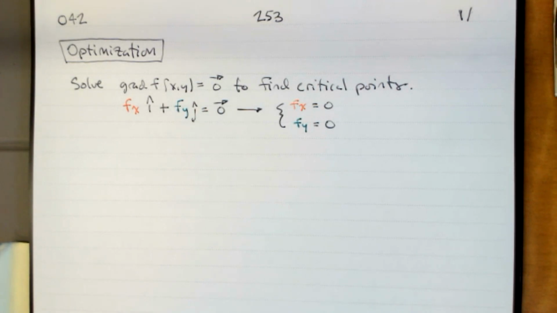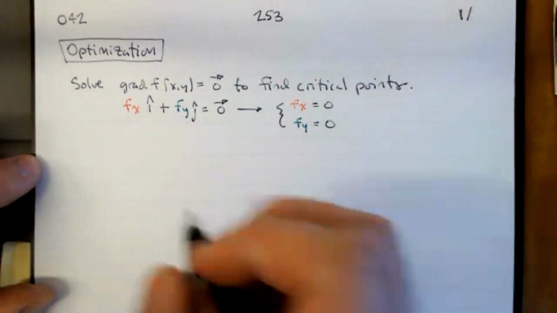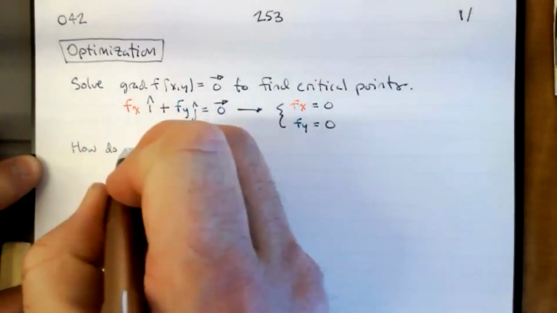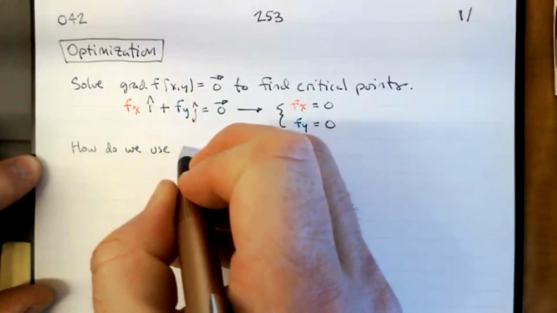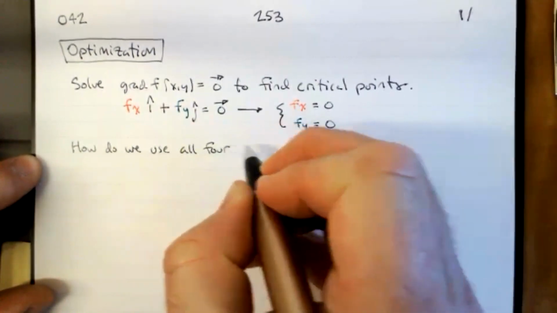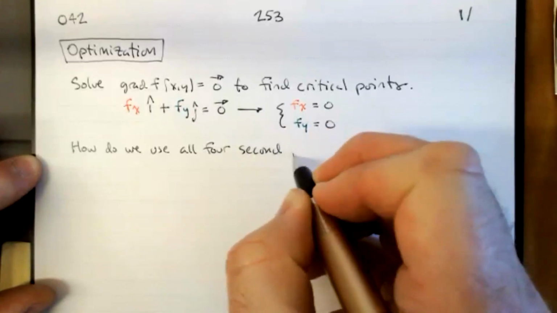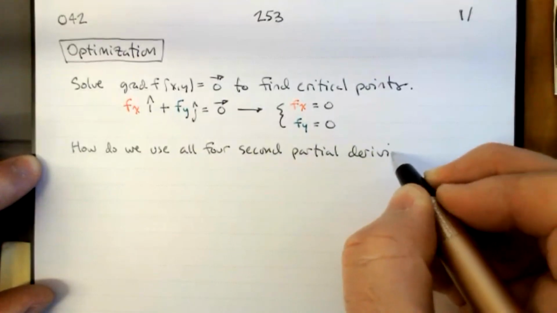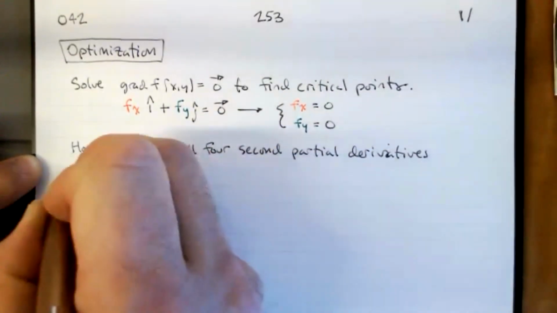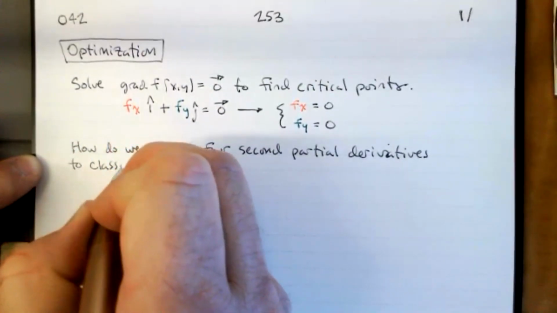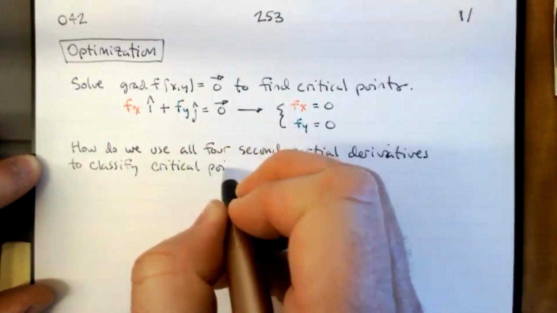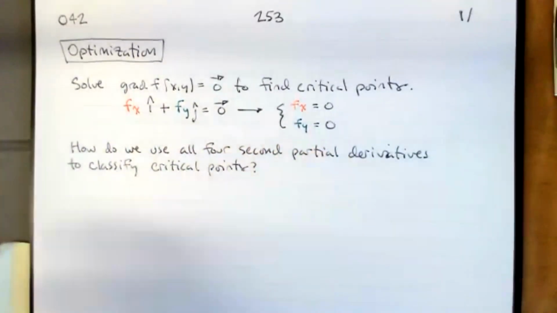The trick was there are 4 second derivatives. So that's what we need to talk about today.